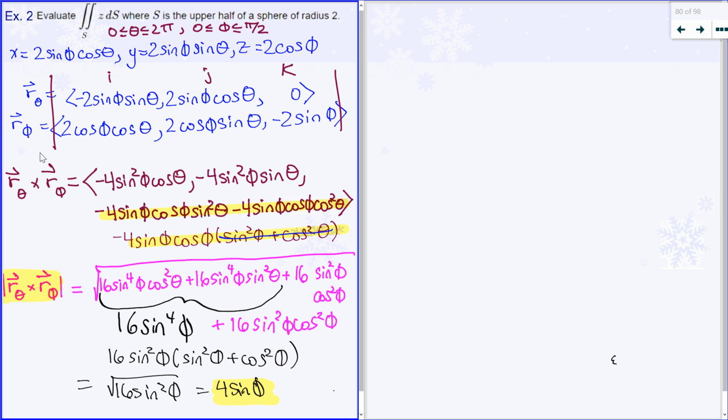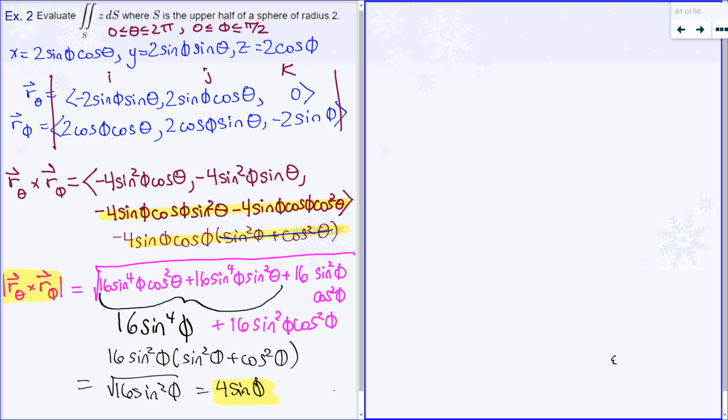We haven't taken into account that it's half of a sphere, or the bounds. The only thing we've taken into account is that the radius is 2. What do you think would happen if the radius is 5? Yeah, so you only really have to do this once. You might want to put a little star or highlight by it. So now we know the magnitude of the cross product of r theta and r phi.